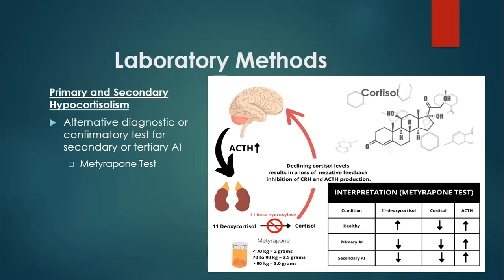So let's discuss this test. How do we interpret it? The metyrapone test is a stimulation test to assess the hypothalamic pituitary adrenal axis. In essence, it is a practical dynamic test to assess adrenocorticotropic hormone reserve.